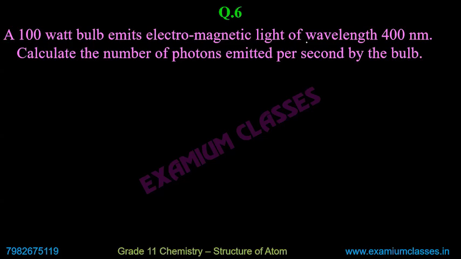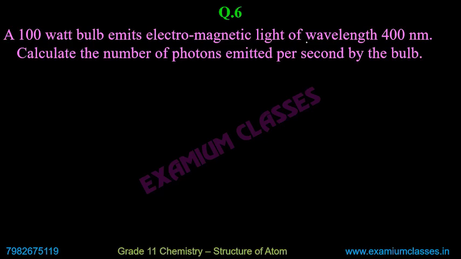Sir, may I? Okay, Shashwat, yes. Sir, first we'll calculate the energy of one photon, and then we are given the energy of the bulb in watts. So that will be the energy emitted by the bulb per second. So from there, we can calculate the number of photons emitted per second. Right, good.